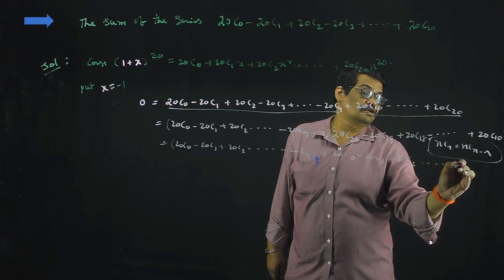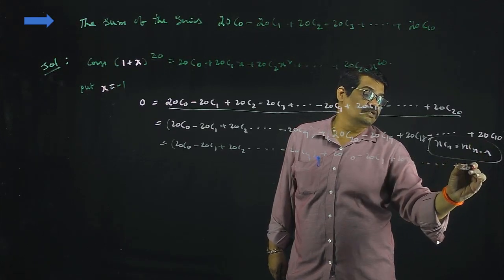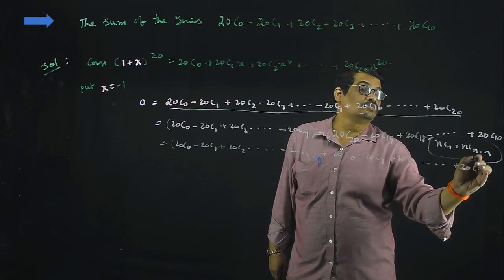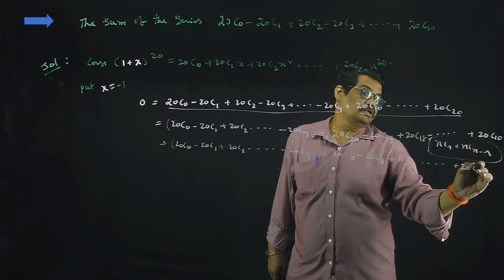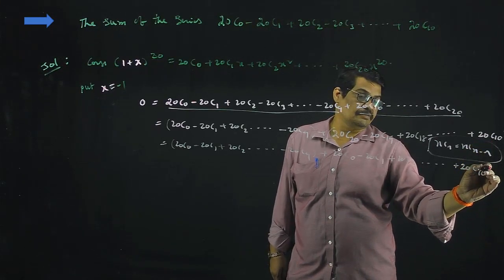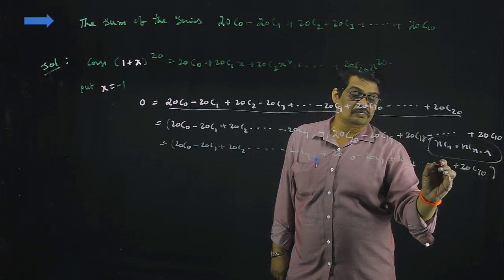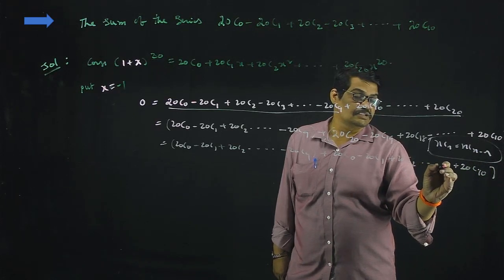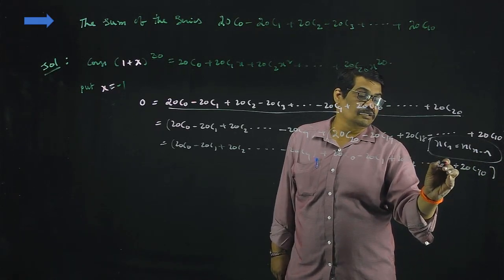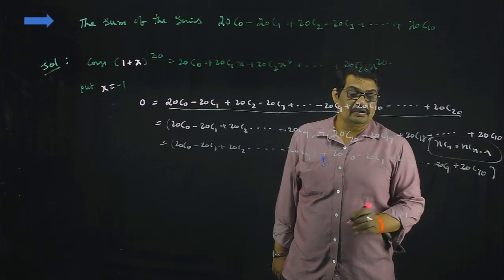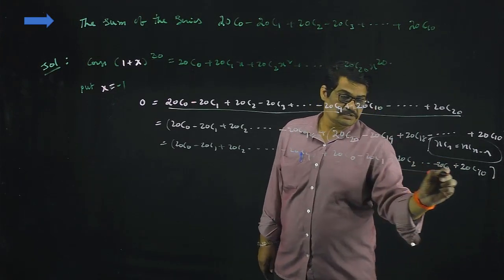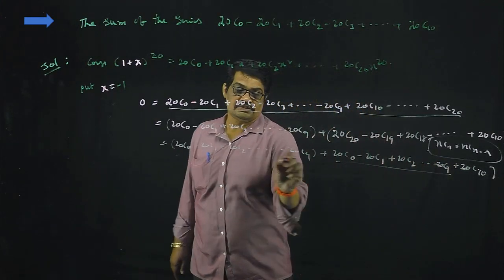The last term is 20C10, and before that 20C9 minus 20C9. Now these terms and these terms are the same.